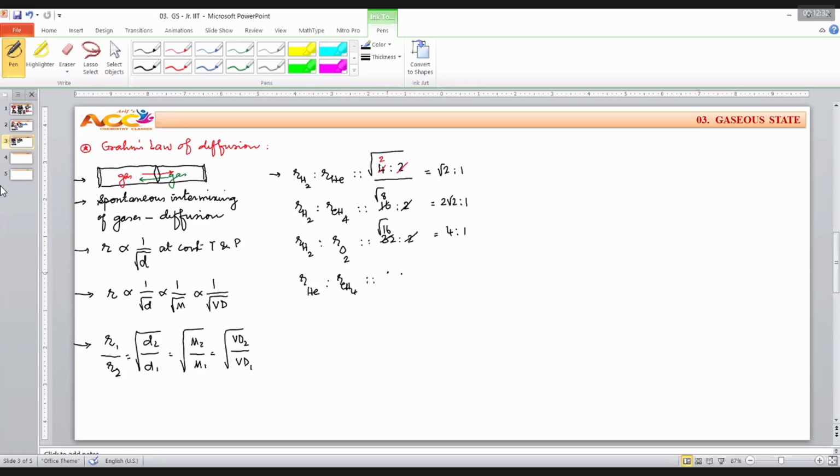Very simple, sir. Rate of diffusion of methane. Very simple, sir. Rate of diffusion of carbon monoxide to nitrogen. This is your job.